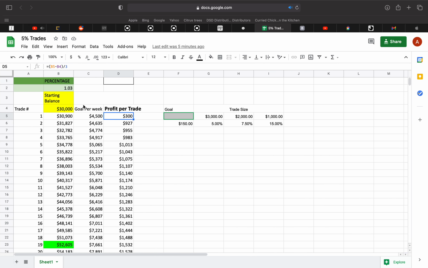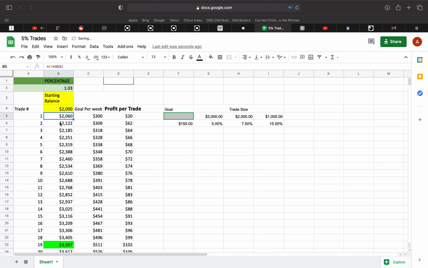A 3% move will still give you amazing gains. If you did it on a $2,000 account and you were doing 3% trades, let's say 5 trades per week, 3% every day, 5 days a week, that's $300.